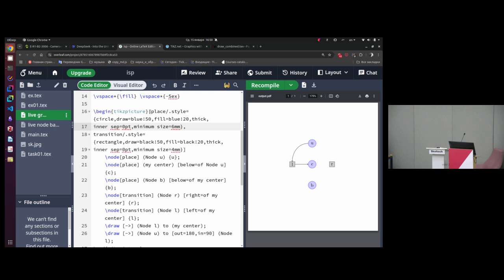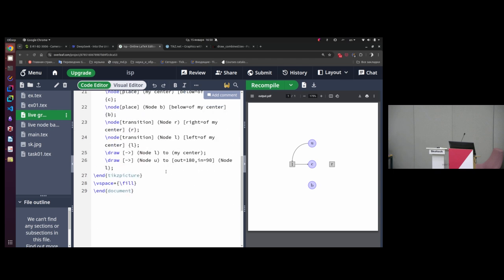The first type is called place, just any name that you want. And place nodes have a circle shape, they are bluish, with some graphical properties. And we also have the second style, transition. These nodes have other properties.